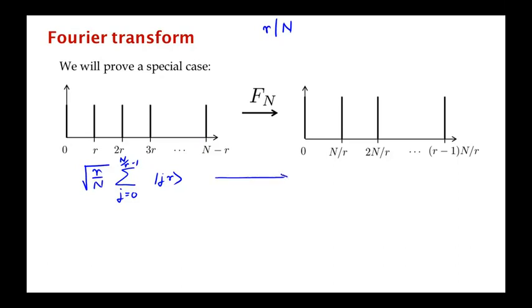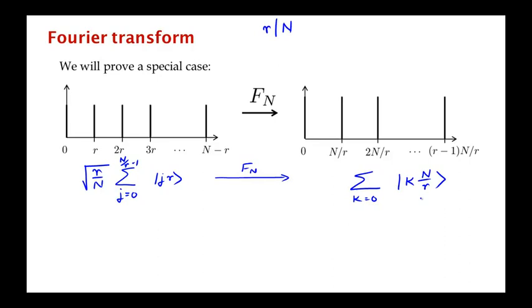So now we want to understand what happens when we apply the Fourier transform to this. And the claim is we get a similar superposition with period n over R. So in other words, we get k equal to 0 to something, and we'll get non-zero amplitudes only at multiples of n over R. So it'll be k times n over R. So n over R, 2n over R, and so on up to (R minus 1) times n over R. So there'll be exactly R such non-zero values.